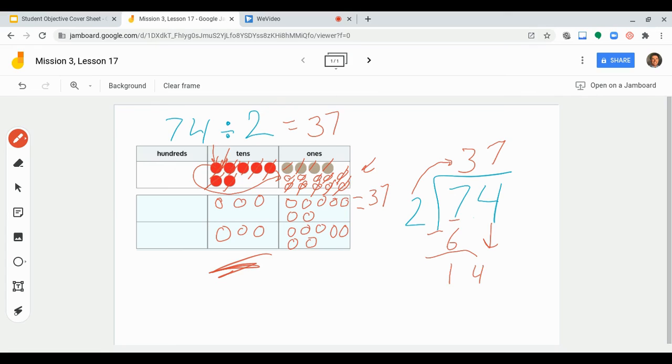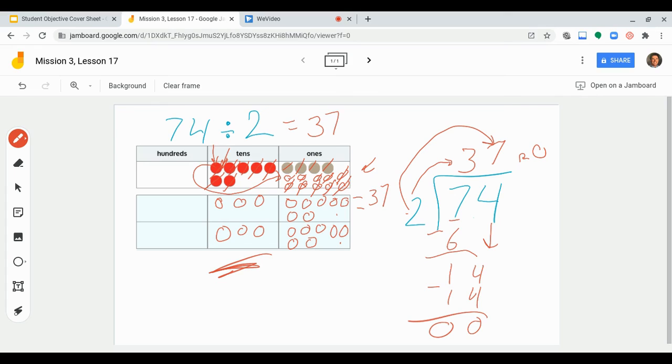So I had 2 groups of 7, or 2 times 7 was 14. And then I subtract to see if I have any left over. 14 minus 14 is 0. So again, you can see I had no remainder left over here. Remainder 0. I don't have to put remainder 0 if there is no remainder, but I'm just writing it to show you. So you can see that 37 is the quotient of 74 divided by 2.